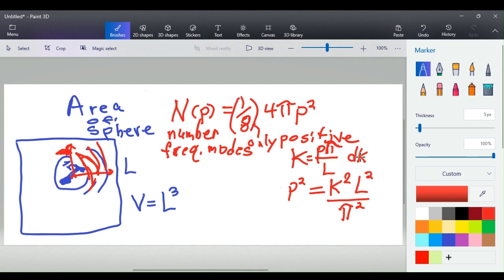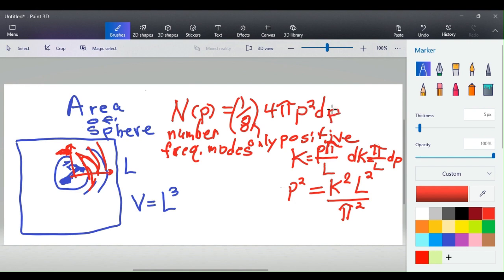If we say dk, then that's going to be pi over L equal, let's put equals there, dp. So let's see how this all works out. What we should have done is put a differential of p up here.